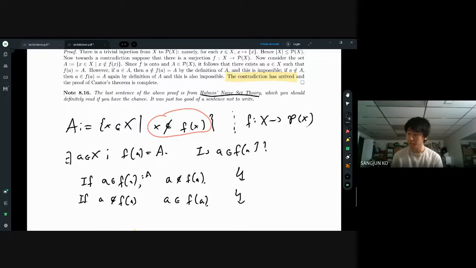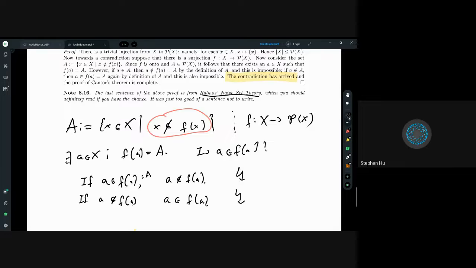At the same time, ZFC does not imply the existence of such a set, and ZFC does not imply the non-existence of such a set. Does that make sense? So in essence, you can just shrug your shoulders and assume whatever you want.